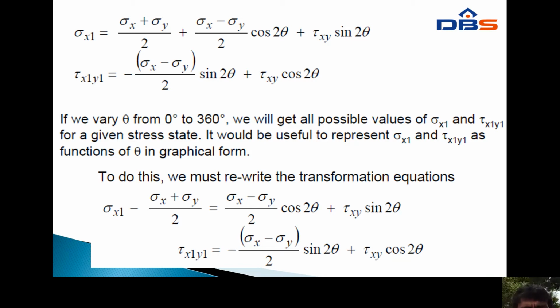Next, sigma x1 equals sigma x plus sigma y by 2 plus sigma x minus sigma y by 2 cos 2 theta plus tau xy sin 2 theta. Therefore, tau x1 y1 equals minus sigma x minus sigma y by 2 sin 2 theta plus tau xy cos 2 theta.